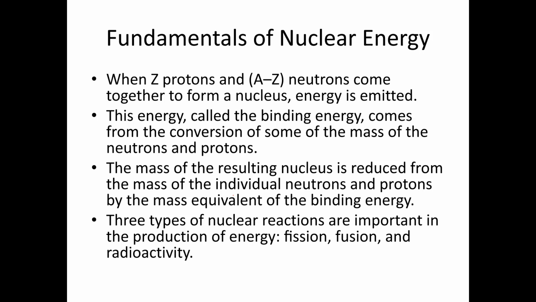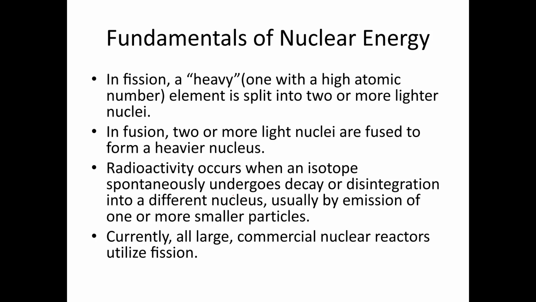Three types of nuclear reactions are important in the production of energy. We have fission, fusion, and radioactivity. In fission, a heavy element, one with a high atomic number, is split into two or more lighter nuclei.